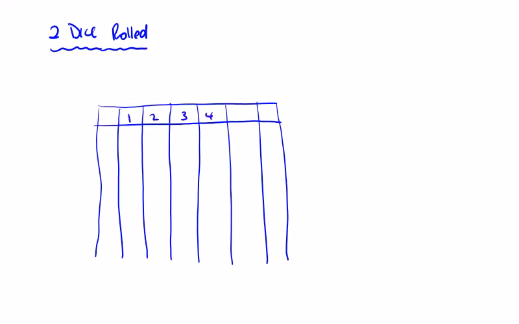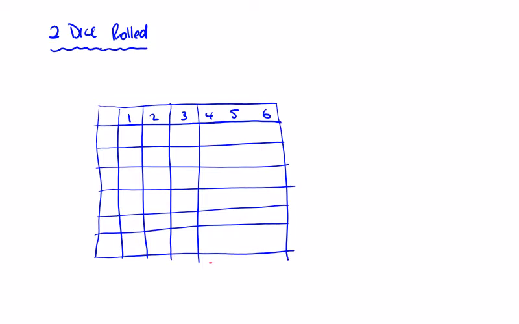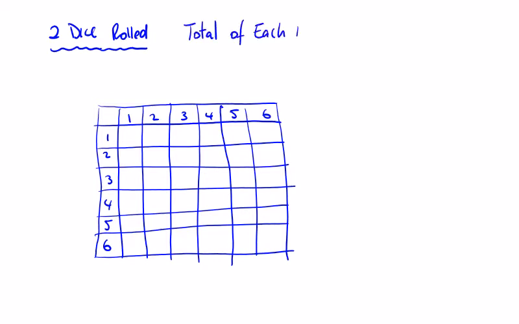These are the outcomes, 1 to 6, and down the left hand side. 1, 2, 3, 4, 5, 6. Okay, let's look at the total of each roll. And it's good to actually do this, practice it a few times, and you'll actually remember what the answers are to a lot of these questions.